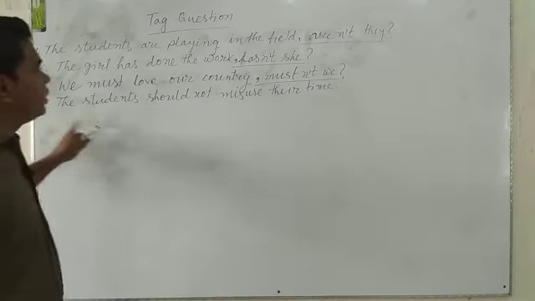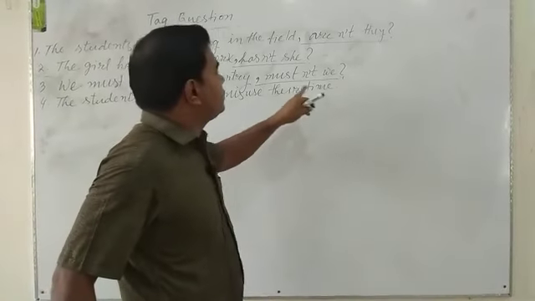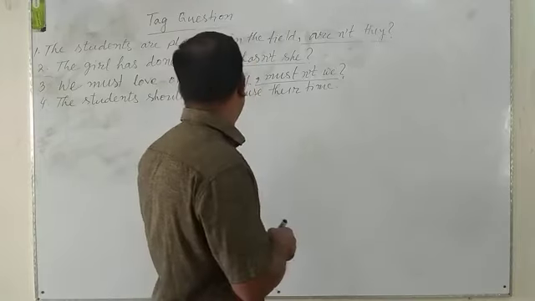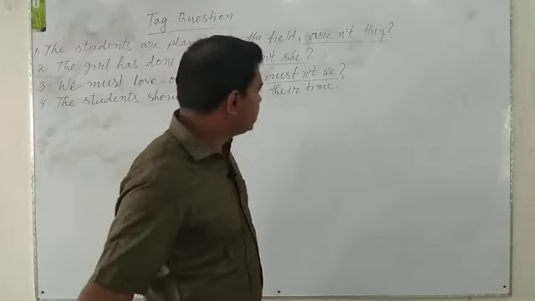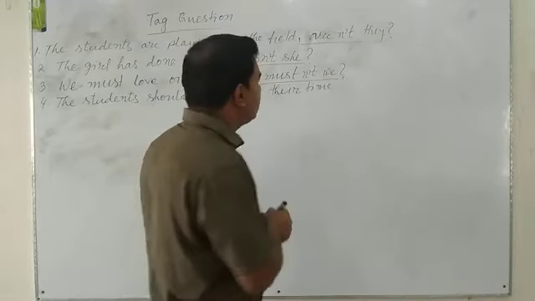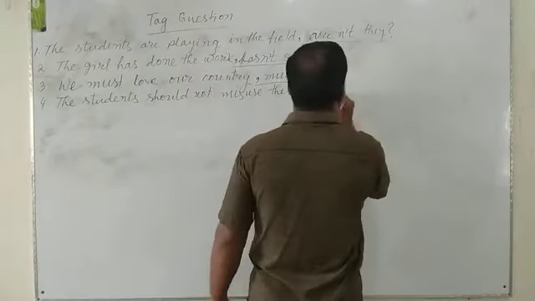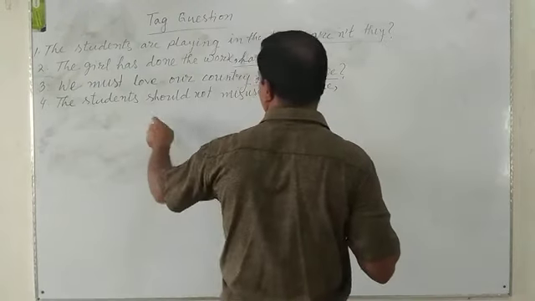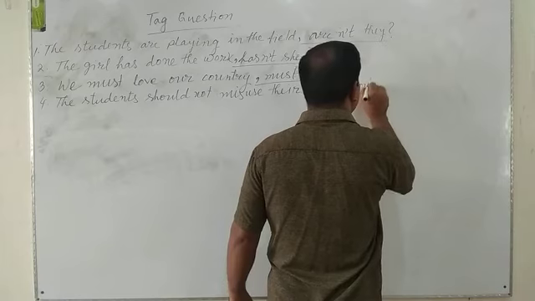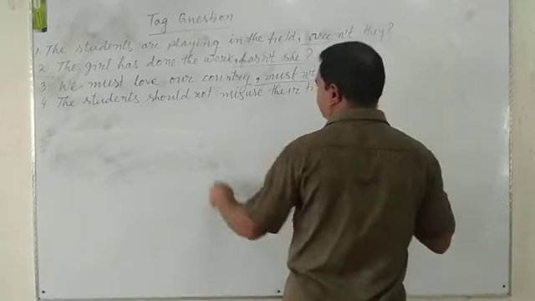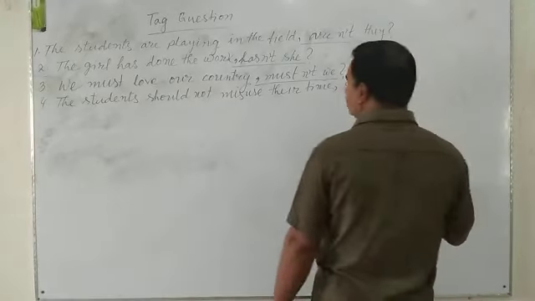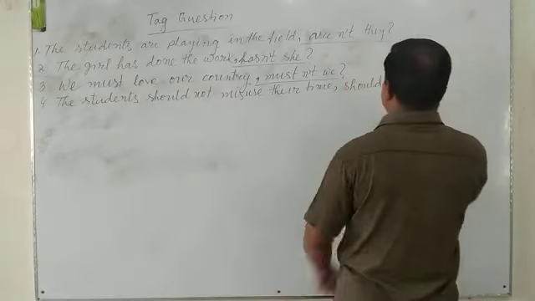So you need not use not as a short form in the tag question. So please let us make it a tag question. We are to omit the full stop first. Then we are to use a comma, and the operator of the sentence is should. And here is not, so we need not use not in the short form.